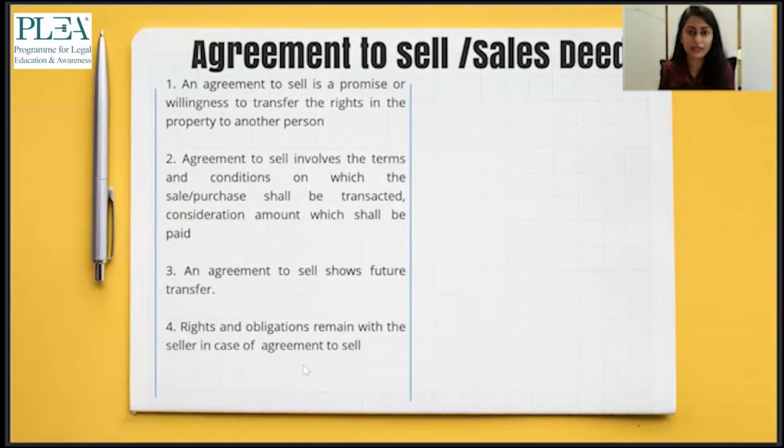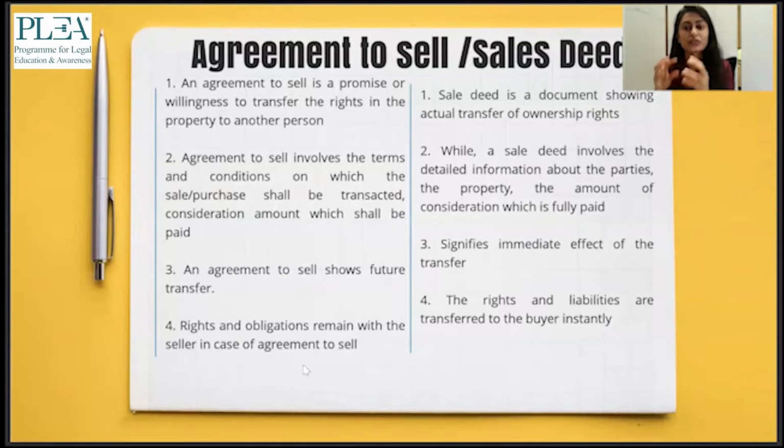And once the buyer pays the other half of the consideration amount, then comes the time of executing a sales deed. So a sales deed is nothing but the actual transfer of ownership rights. Once an agreement for sale is entered, it is a promise to fulfill in future. The promise which has been fulfilled is now getting recorded in the sales deed, which says actual transfer of ownership.